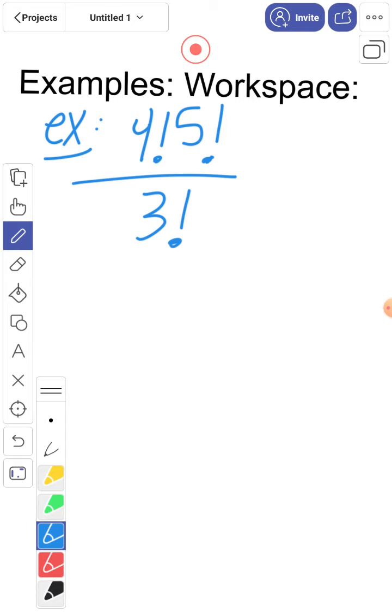So it looks hard, but I promise, like, it's not. And this is actually one of the more complicated problems that you're going to see on the worksheet.